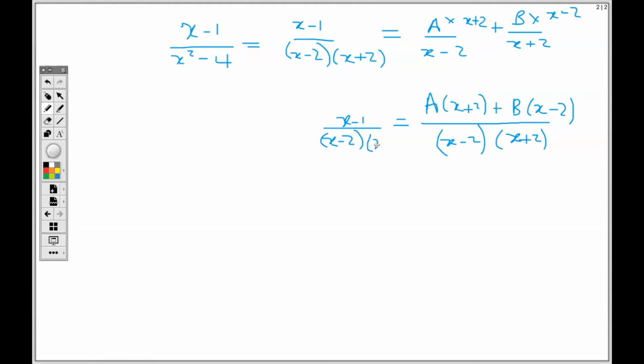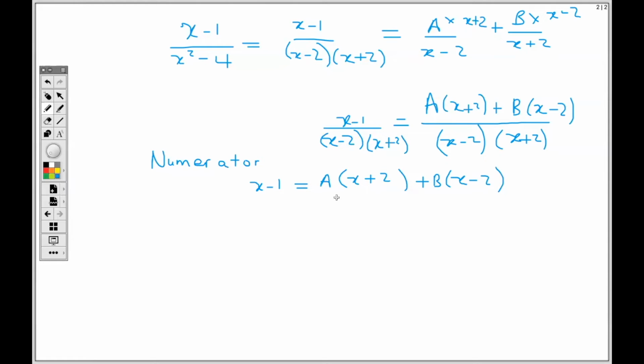And since the denominators are now the same, my focus is on the numerator. So I'll be looking at the numerator to find out what is the value of A and what is the value of B. So in the numerator, I will have x minus 1, which is the left hand side, is equal to A(x plus 2) plus B(x minus 2).